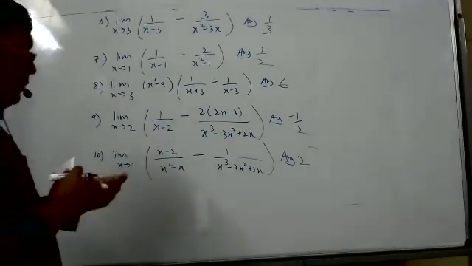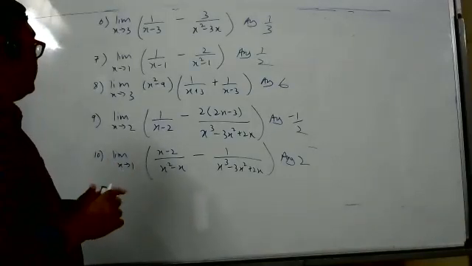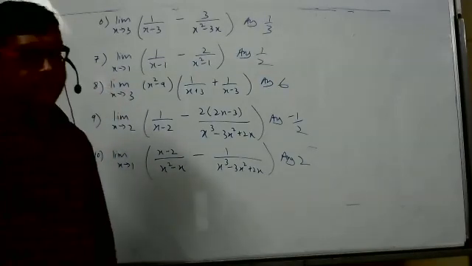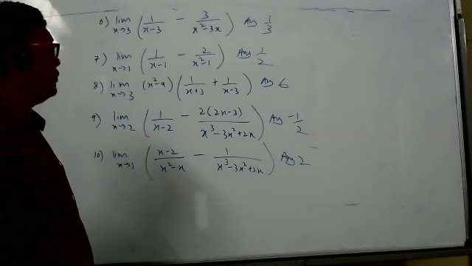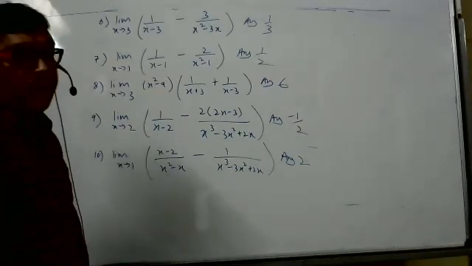Now tell me one sum from all these 10 sums which I have to do. Which sum should I do? Tell me one sum from 1 to 10 first. All sums use the same method. Sir, don't erase the board. Be ready for that. Copy a little fast.